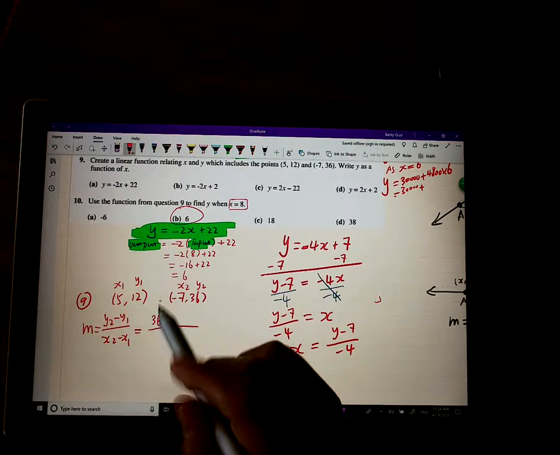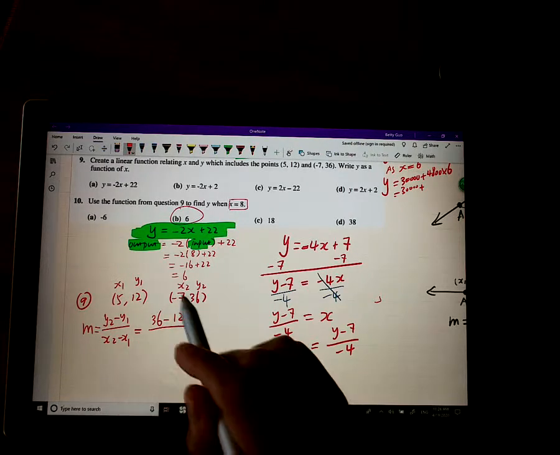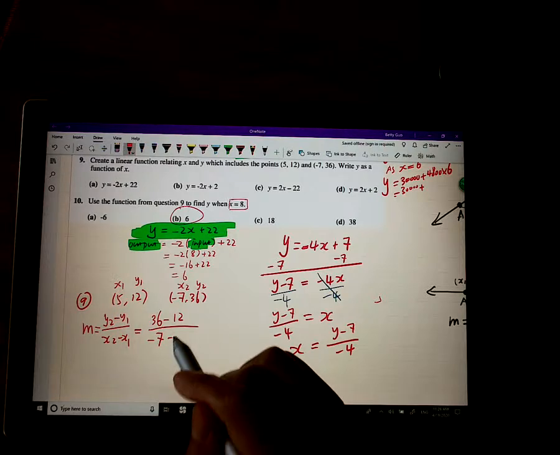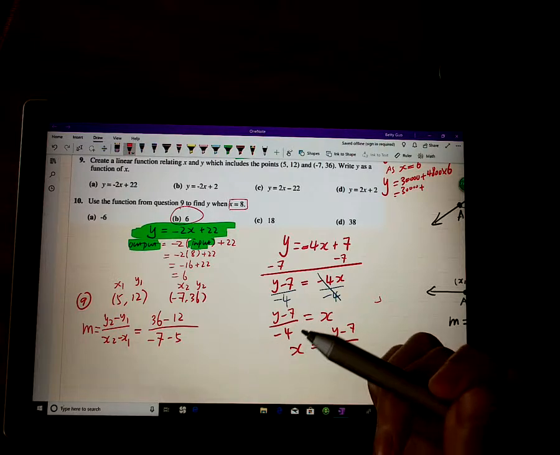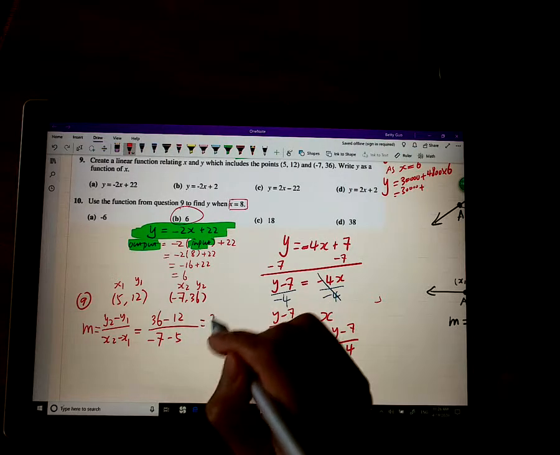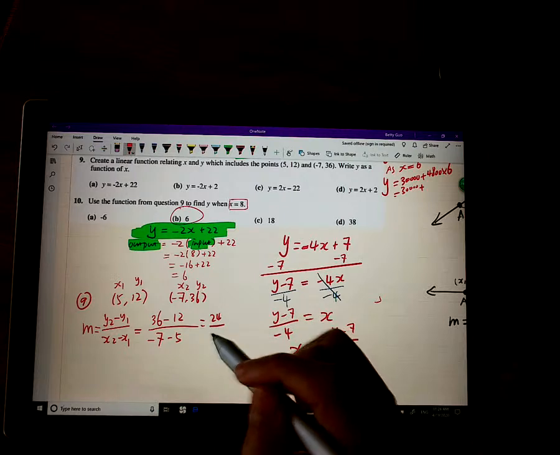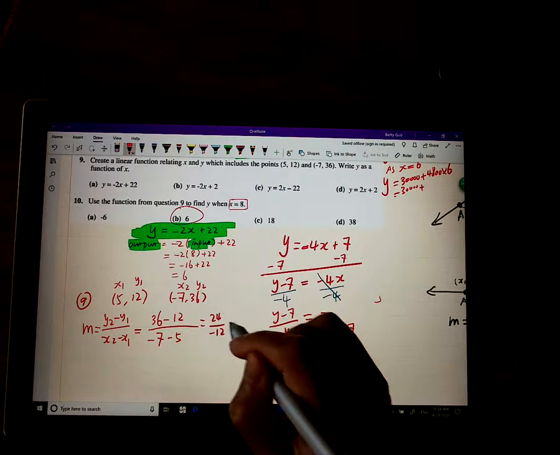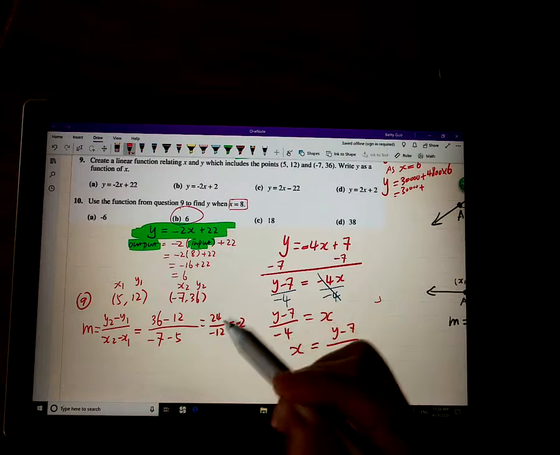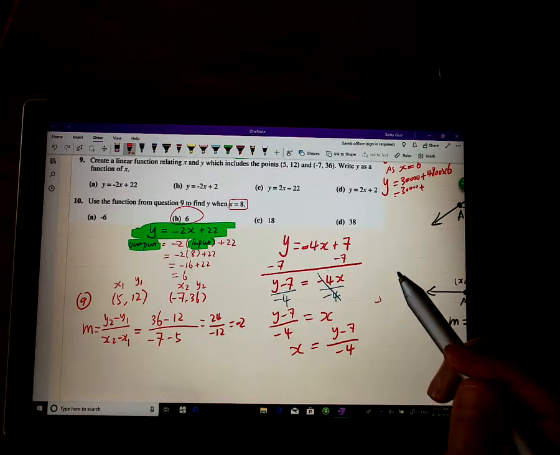Value of y1, 12. Value of x2, negative 7. Minus value of x1, 5. Let me double check. Be very careful when you plug in a number, especially when you have negative numbers. So we have 24 on the top. We have negative 12 on the bottom. So the slope is negative 2. Okay? So the slope is negative 2.